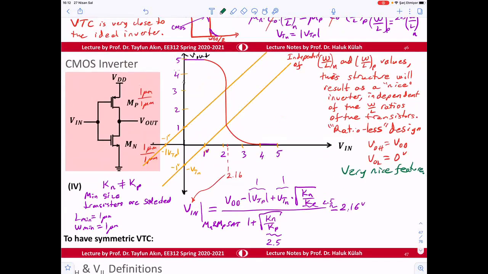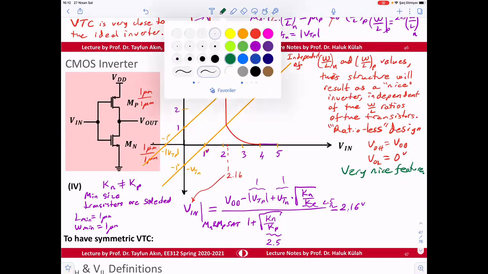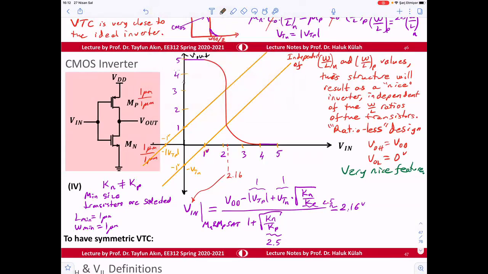So if this response can be either here or here or here or here, depending on different W/L ratios.